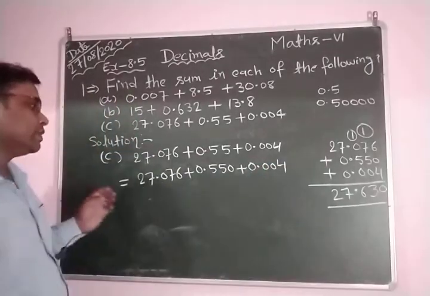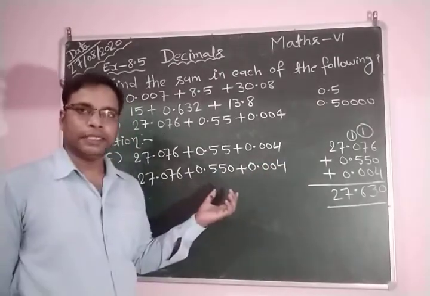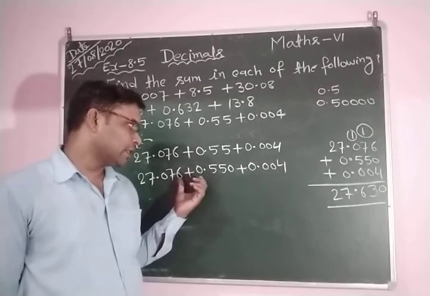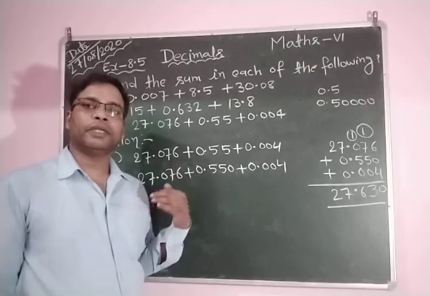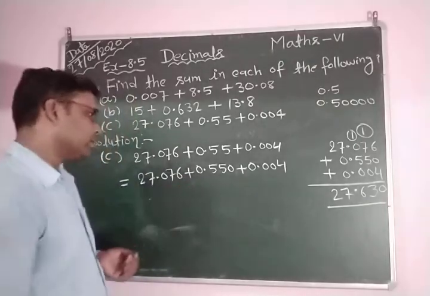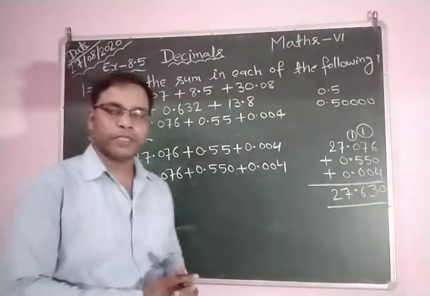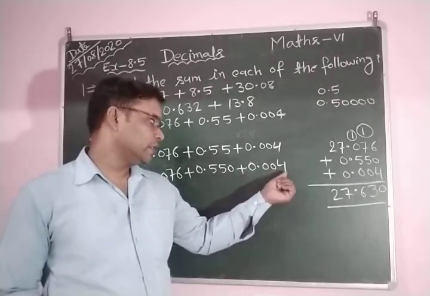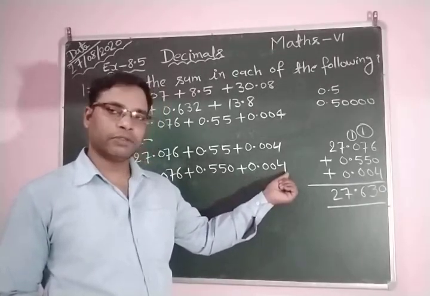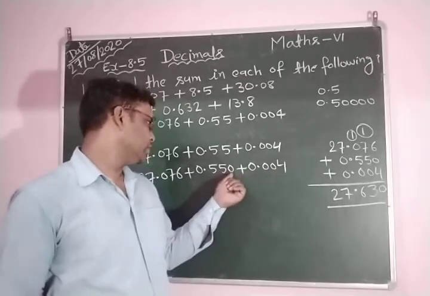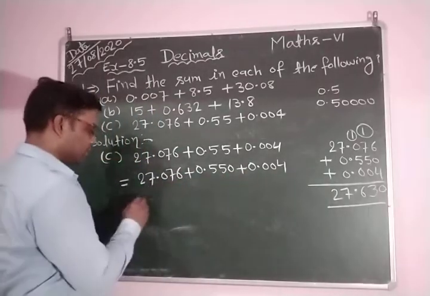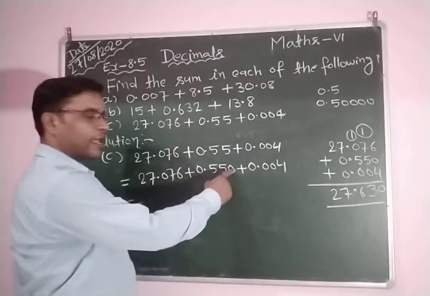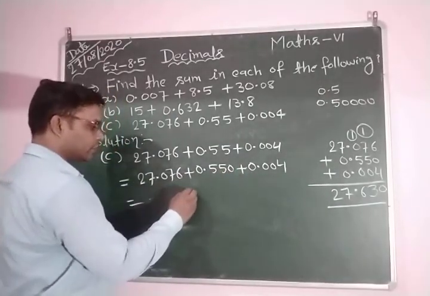Okay, so you can see here we make them like decimals, and each decimal number has 3 digits after the decimal. Okay, so first we add the thousandths place of each decimal number. So here the thousandths place digit is 4, here 0, here 6. Okay, so 4 plus 0 is equal to 4, and 4 plus 6 is equal to 10.